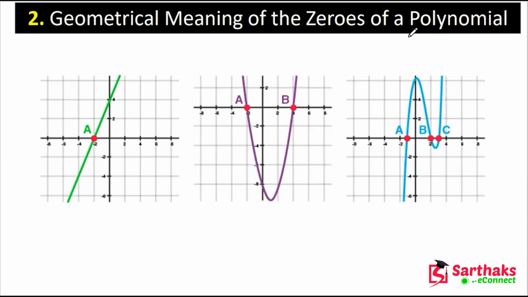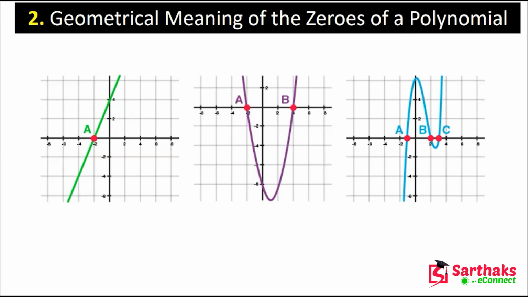So basically, zeros of a polynomial are the coordinates of the points where the graph of y equals f of x intersects the x-axis.